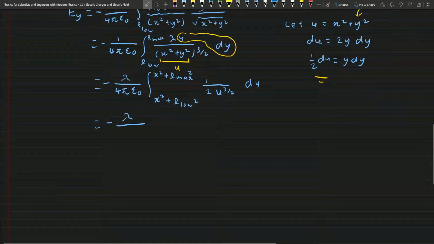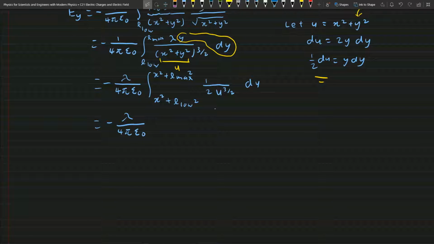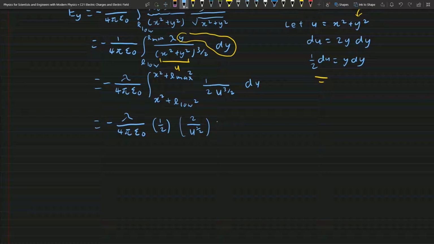So if you perform this integration, let's put 1 over 2 out, and you will get 1 over u to the 1/2, and here we will get a 2, and they have a negative because this is in the denominator, with x squared plus L squared.